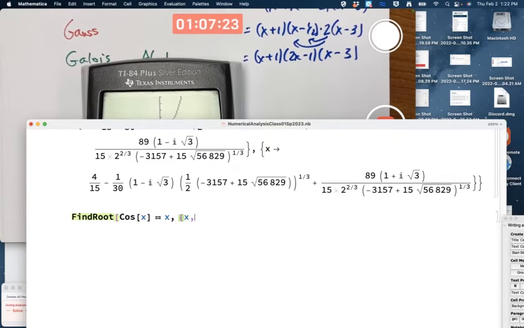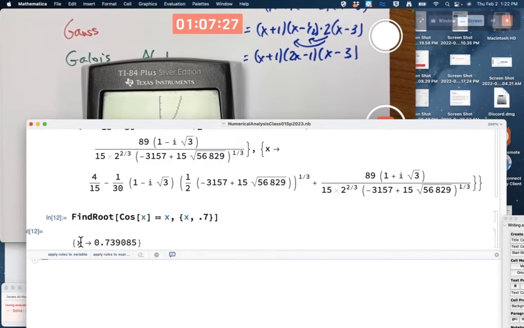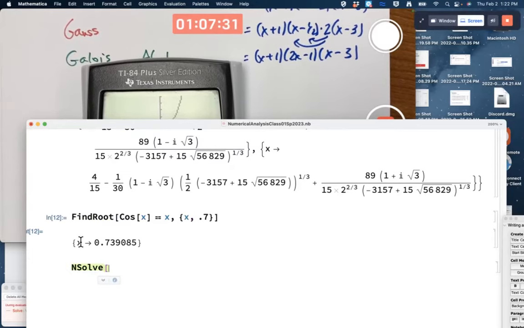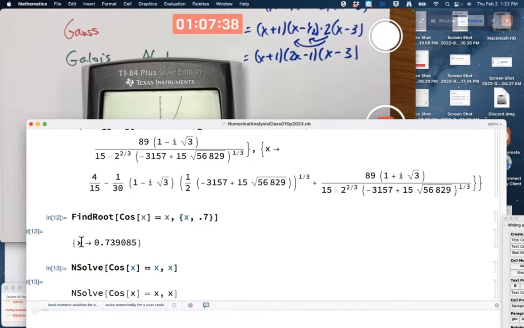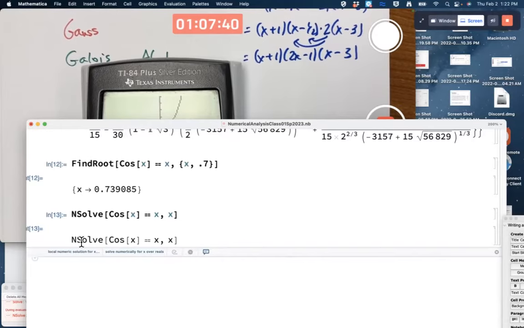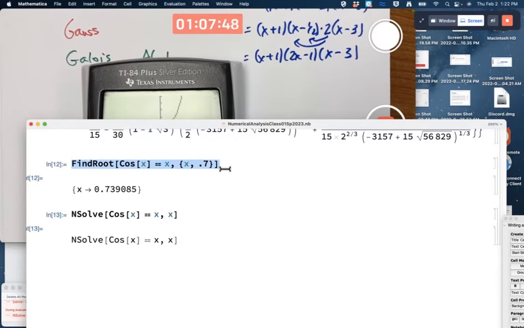Turns out there is a solution, and it's close to 0.7 if I recall correctly, 0.739085. But if you try to use NSolve, it doesn't work. It just gives up because it can't be solved symbolically first before that's approximated. You've got to use something like Newton's method instead, is the point.